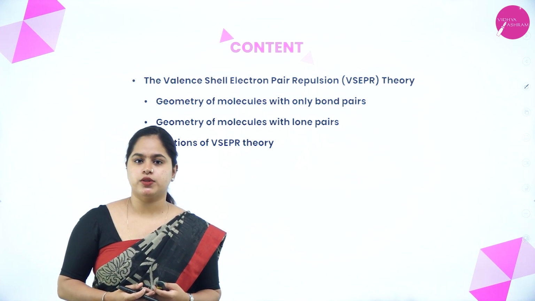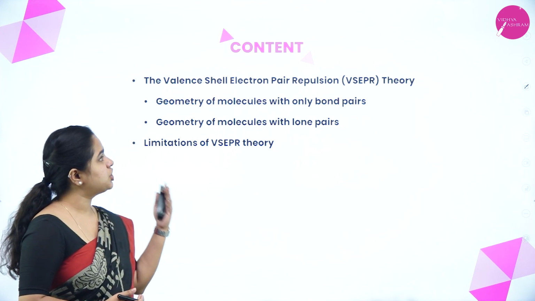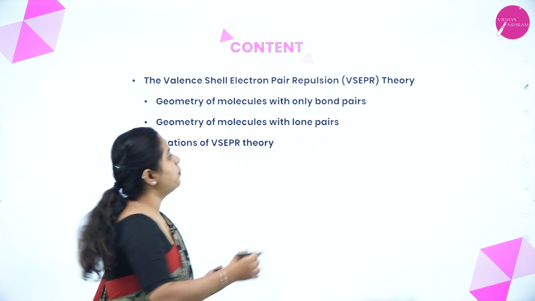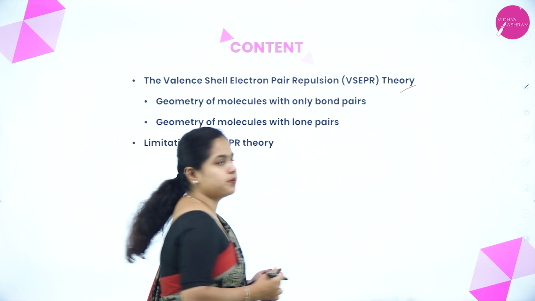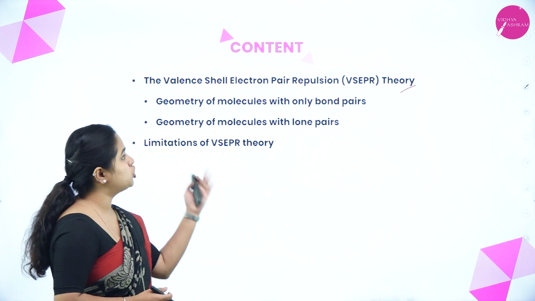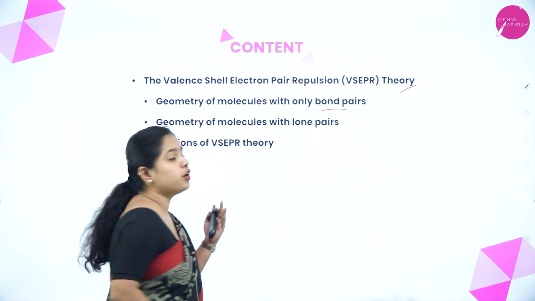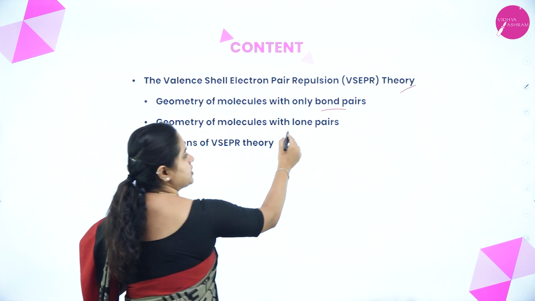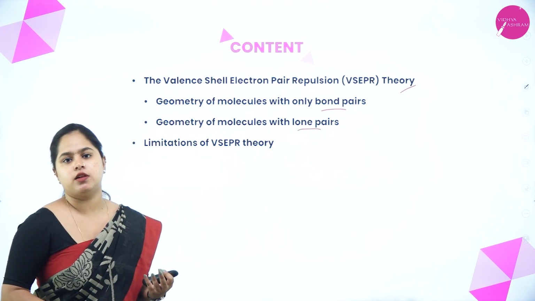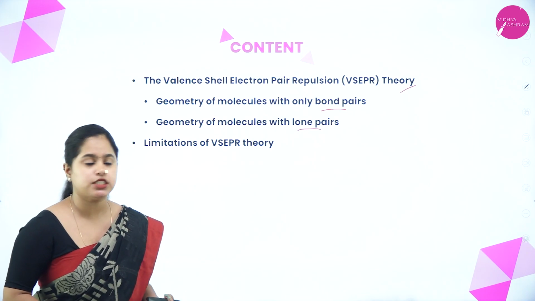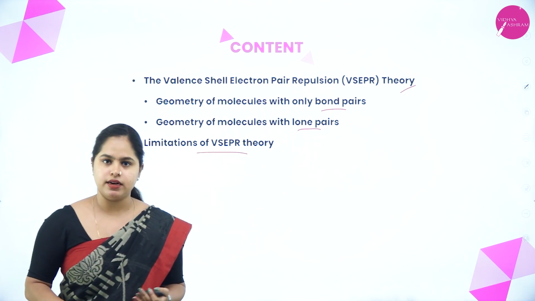The next one we are going to study today is the valence shell electron pair repulsion theory, under which we will study the geometry of molecules with only bond pairs, and the geometry of molecules with lone pairs as well. Finally, we will also discuss the limitations of VSEPR theory.